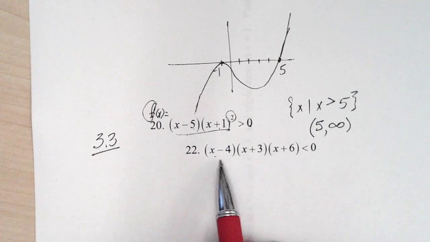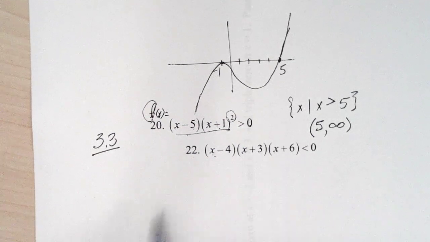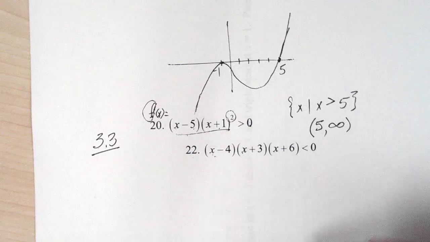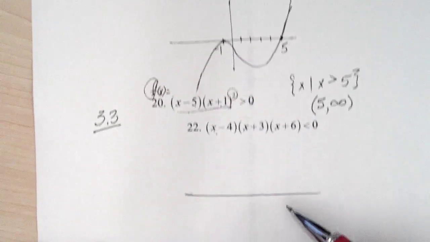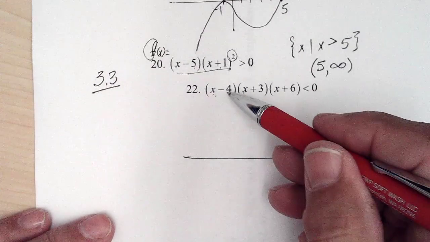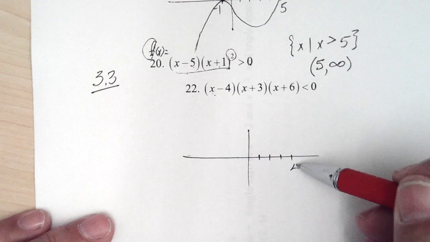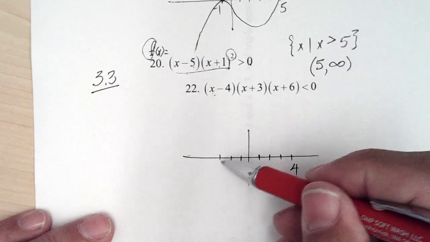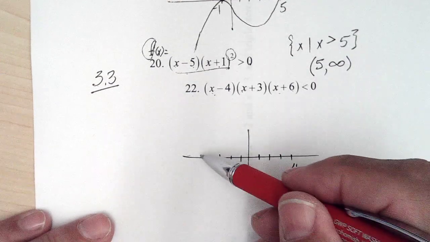22 is also a third degree. It is also positive x cubed. So it's got to start down, go up, and could curve and go back up. This one has zeros at 4, at negative 3, and at negative 6.